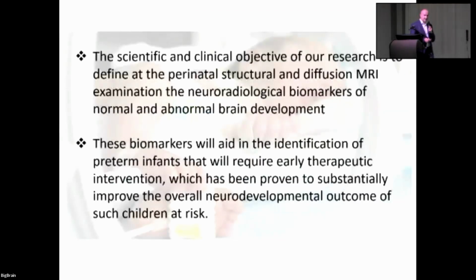So the objective of our ongoing research is to define structural and diffusion biomarkers of normal and abnormal perinatal brain development, with the idea that this is really useful for these premature babies, because in that way you could start early therapeutics, and it was shown that if you start early, the final clinical outcome in these kids is much better.